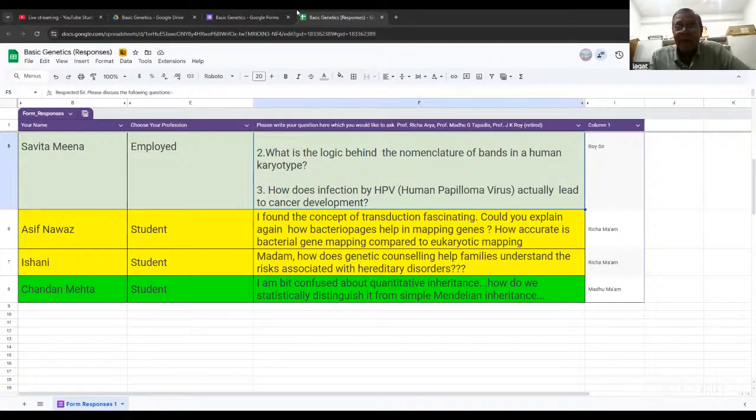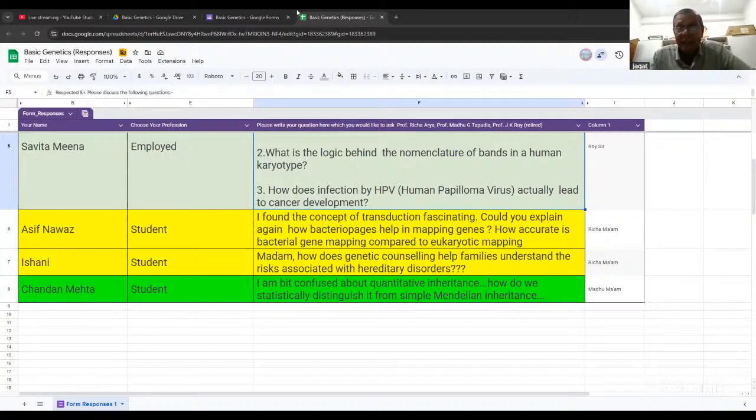Suppose now on the P arm we are going for band number 2, then we will say 1P band number 2. That means another region of the chromosome is now being identified or studied. This can be further subdivided. When you have banded the main bands, there are finer bands within the main bands.